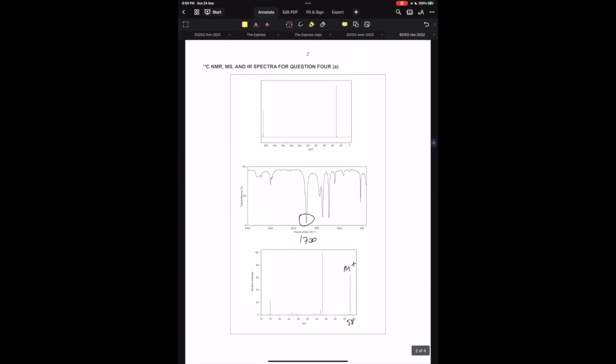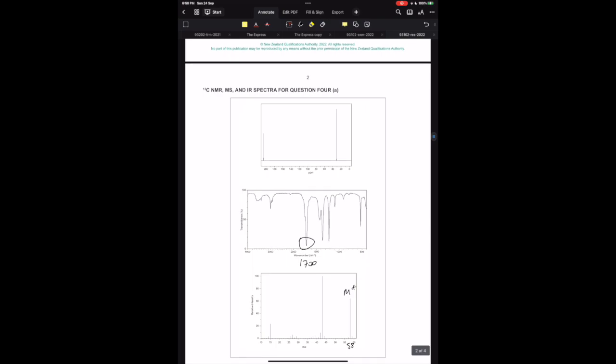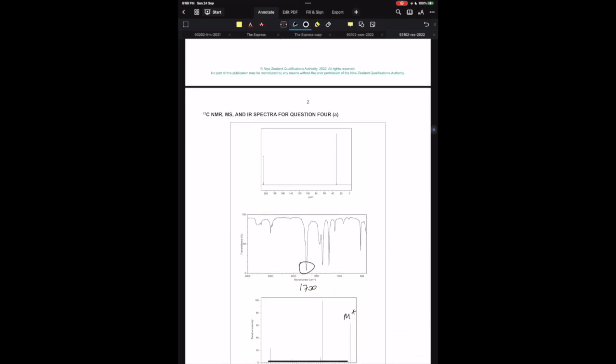From the CNMR data, we have one peak here and one peak here. So we know that there are two carbon environments.